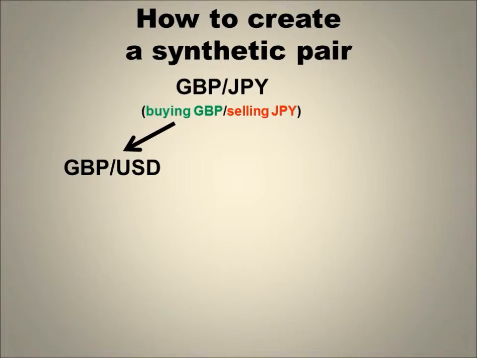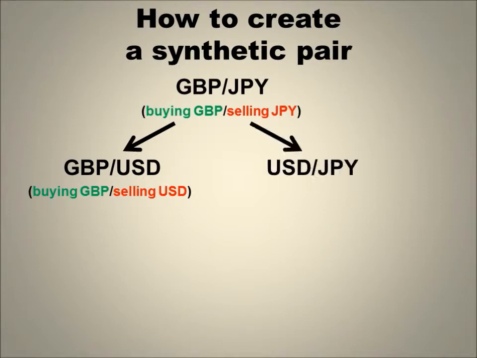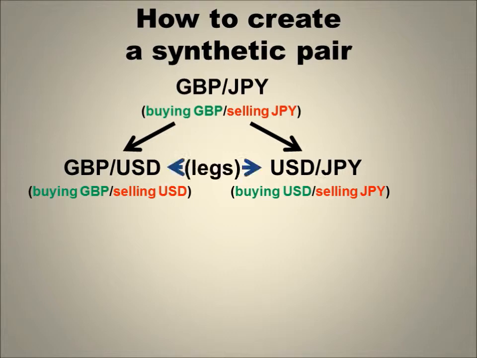So we go to the British pound US dollar pair. We buy the British pound and we sell the US dollar. Then we go to a third pair, which is the US dollar Japanese yen pair. And here we're going to buy the US dollar and sell the Japanese yen. Now, the US dollar represents the legs in our synthetic pair. From there, because we have our legs, the selling of the US dollar and the buying of the US dollar cancel each other out.